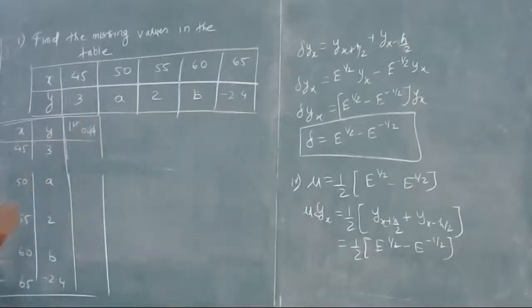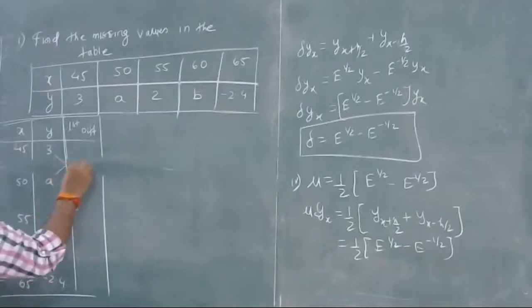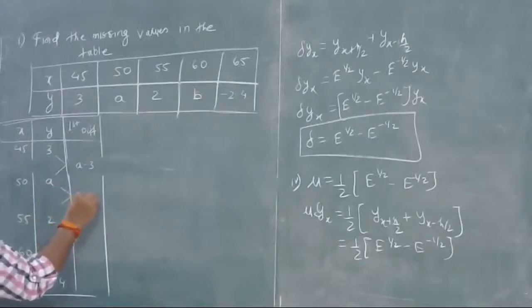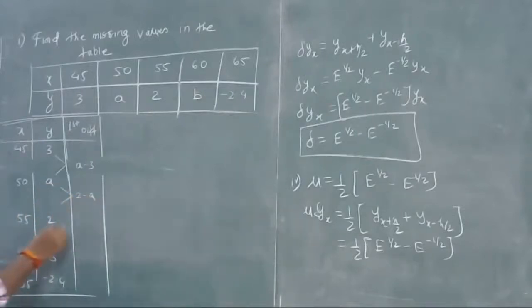Okay, so this will be from a minus 3, so this will be 3 minus a, minus 3, this will be 2 minus a, 2 minus a, this will be b minus 2, b minus 2, and this will be minus 2.4 minus b.